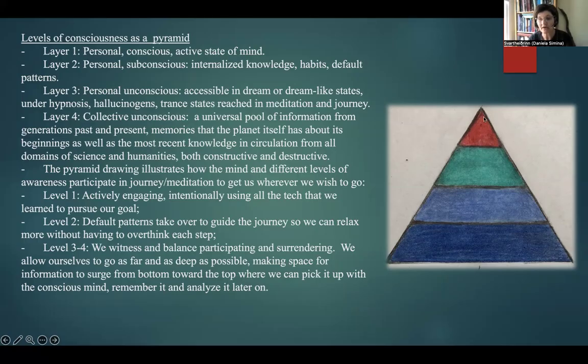Layer 1, the top of the pyramid, the red, stands for personal, conscious, active state of mind. I'm doing this, I'm not doing that. So the decision-making level and the part that dictates the steps to be taken. Level 2, this bluish green, personal subconscious. This is internalized knowledge, habits, default patterns.